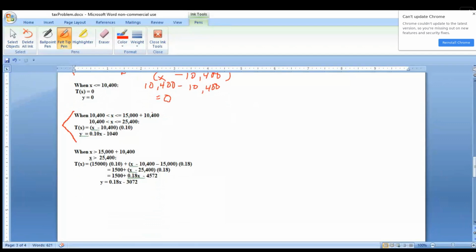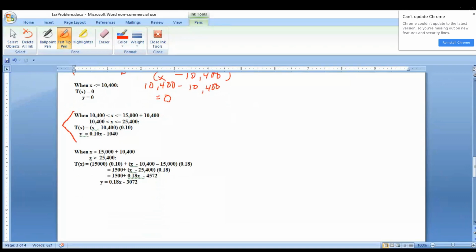We always have to remember that perk, because remember, this 15,000 is our taxable income, and we don't get this number until we subtract the perk. So our total income X has to be 15,000 plus our perk.